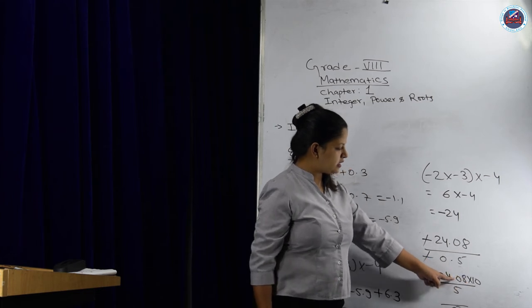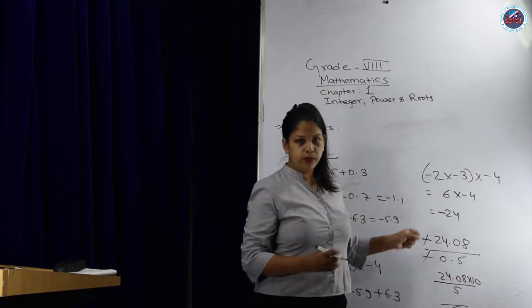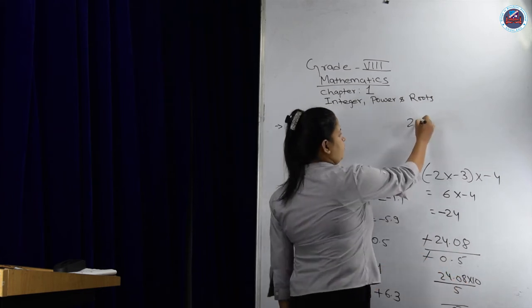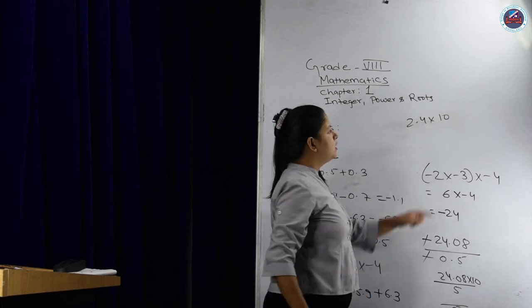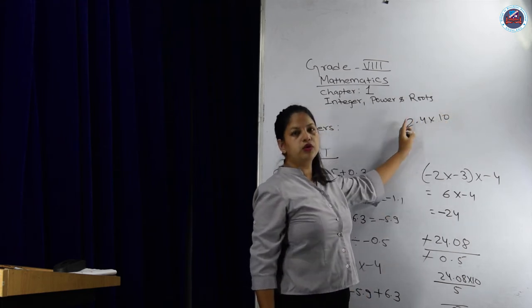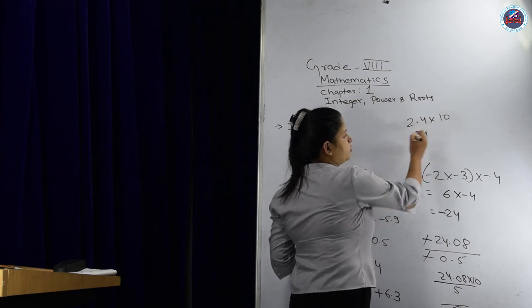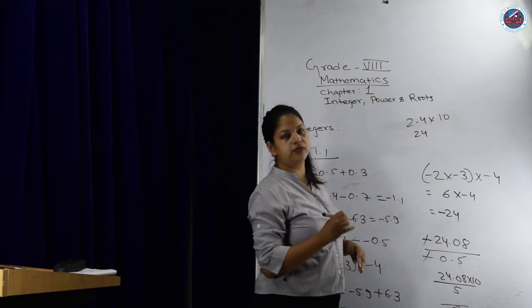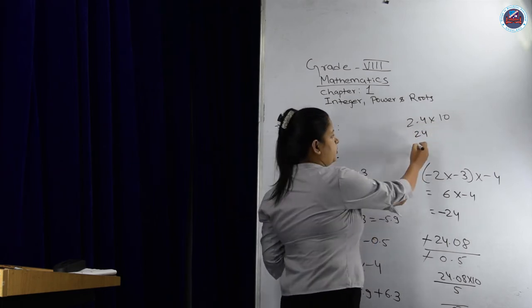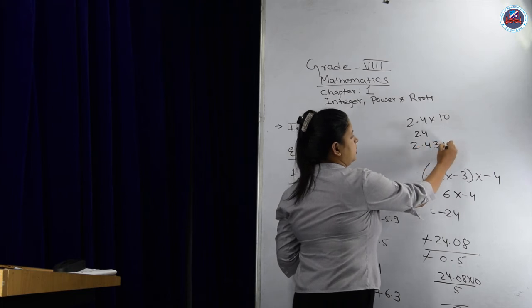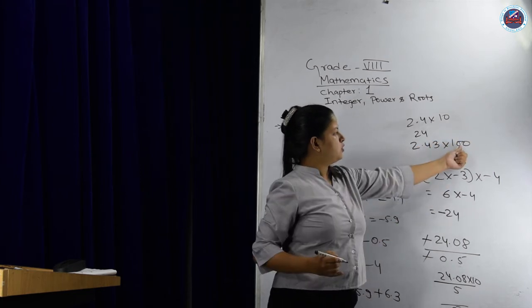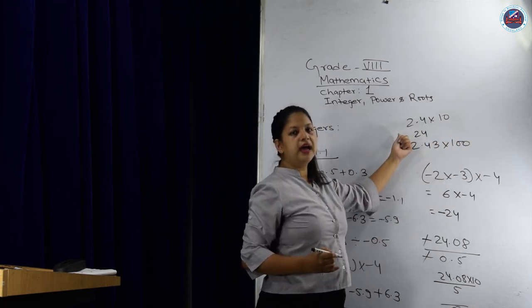Now whenever you are multiplying with zeros with a point in there, remember if it's 2.4 into 10, 1 zero multiplied, then the point will go after 1 digit. That means it would be 24 directly. You needn't multiply it separately. Suppose if it was 2.43 into 100, 2 zeros, so the point will go after 2 digits.